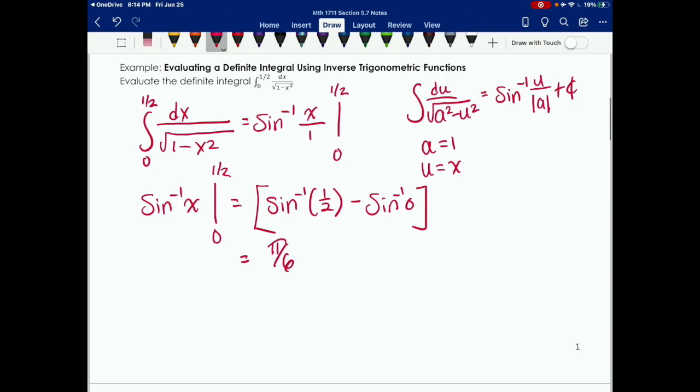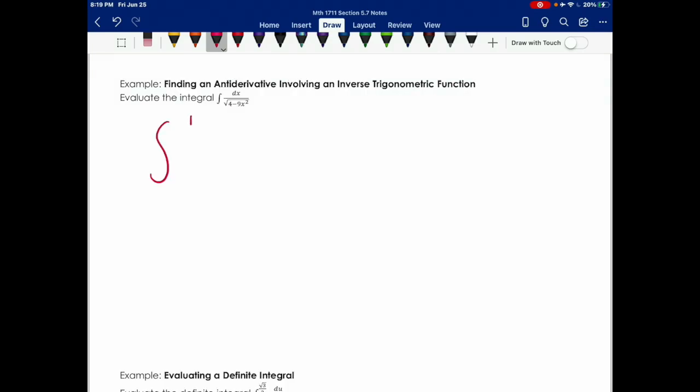So we have to be careful and make sure that we're picking the correct values. When I do inverse sine of 1/2, I get pi over 6. And then inverse sine of 0 is 0. So my final answer is going to be pi over 6.